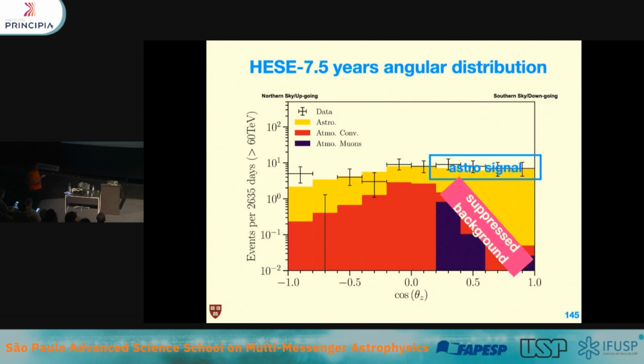So there is no way that this can go up by a factor of essentially 200. This is the reason we know that most of these neutrinos have to be astrophysical in nature, and this plot is what convinces us that we're actually seeing astrophysical neutrinos.